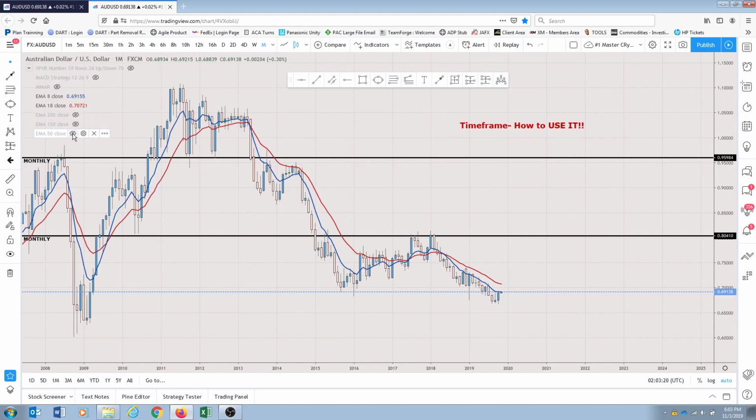So if you have the EMA 50 or whatever on your chart right now, all you should have on your charts are the EMA 8, the EMA 18, the EMA 50, and I'm going to add another EMA for you guys, the EMA 200. This is all you should have on your charts, but get in the habit of removing them because we want to keep our charts nice and clean.